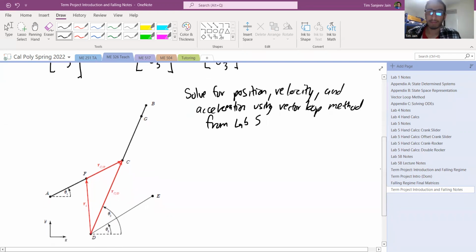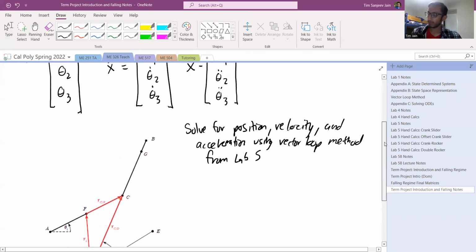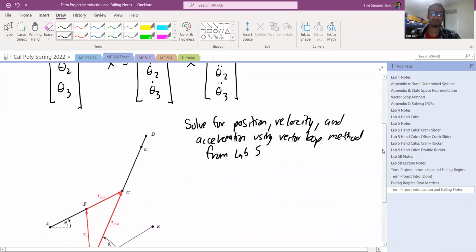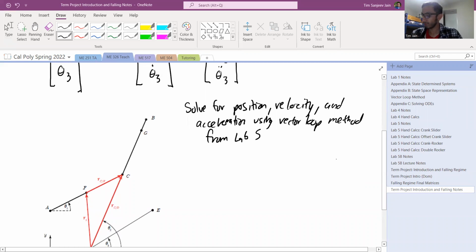But this time, since our state vector is only a 3x1, you're going to do that for that vector. That's how the first vector loop is. This is loop 1, which is all links.